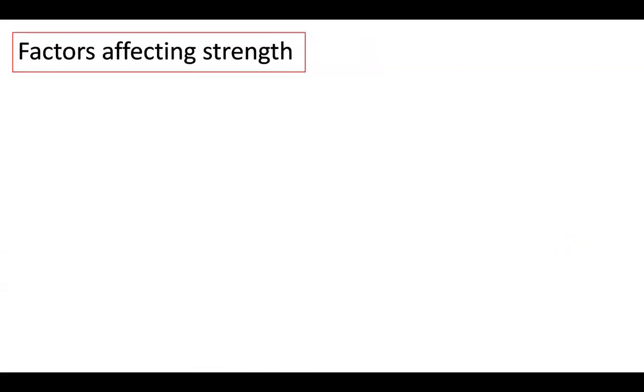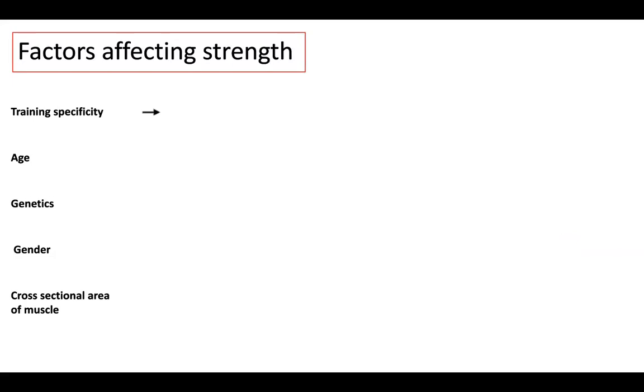Finally, we need to talk about the factors affecting strength. We looked at the factors that affect aerobic capacity, and we did that using the memory method TAG. This is very similar, it's TAG C. So we've got training specificity, age, genetics, gender, and then cross-sectional area of a muscle. So all of these will affect our strength or participant strength.